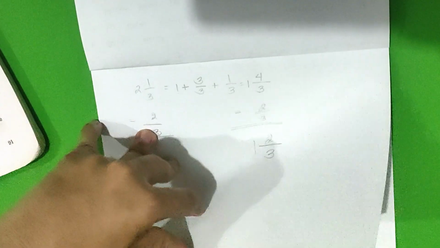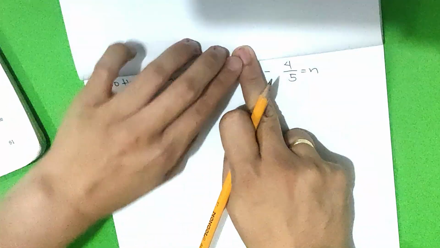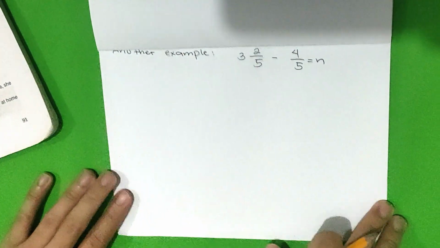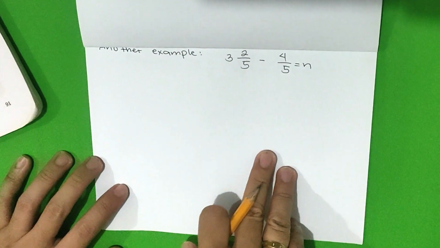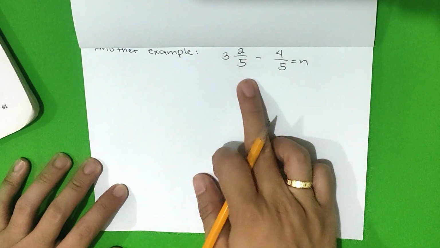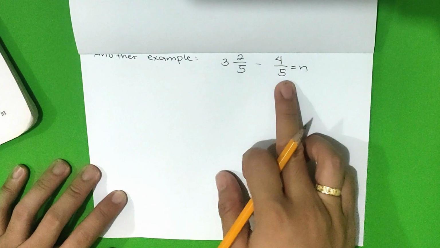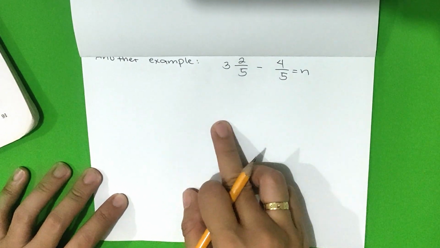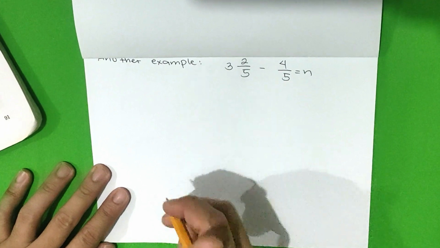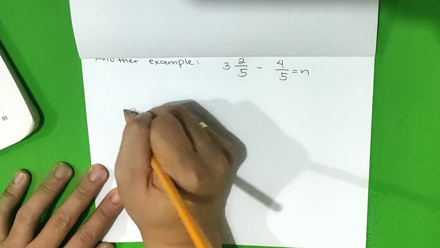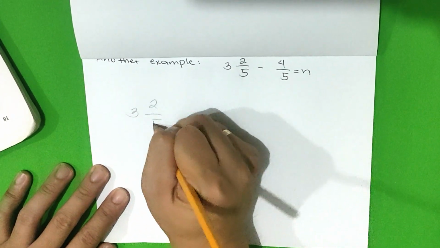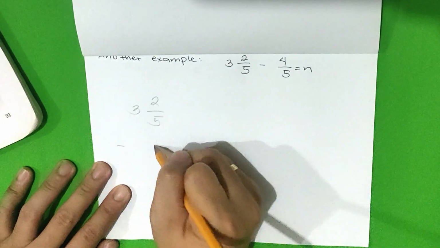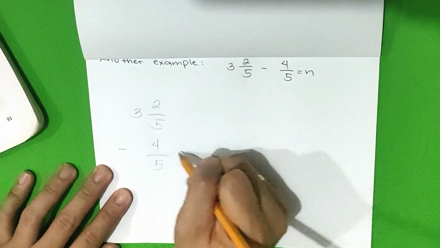Let's have another example. 3 2/5 minus 4/5 is equal to n. First step is to align the fractions. 3 and 2/5 minus 4/5.